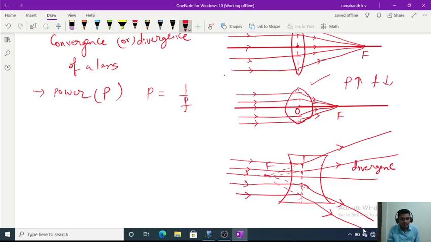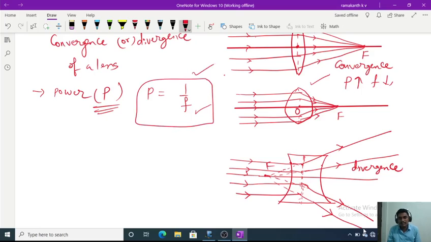The amount of divergence or convergence is represented by one physical quantity, that is the power of the lens. It depends on the focal length. The smaller the focal length, the greater will be the refracting power of the lens. Now we'll derive this expression of refracting power. We'll derive P equals 1 by f in this class.